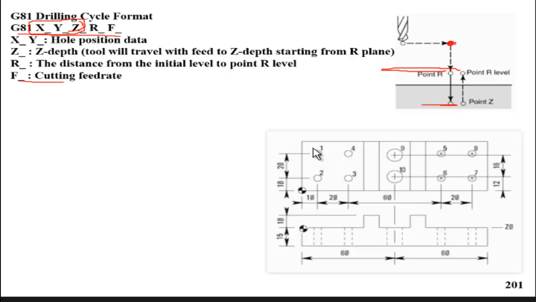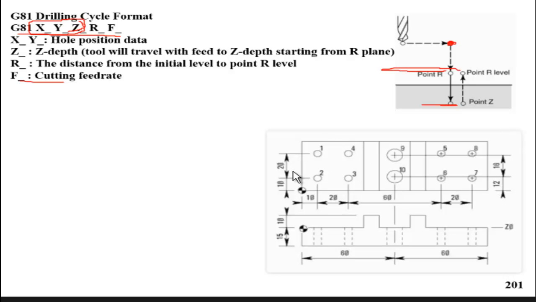They are numbered 1, 2, 3, 4, 5, 6, 7, 8, 9, 10. This is the top view and this is the front view. This is the workpiece, and we are going to apply the G81 canned cycle to drill these 3 groups of holes.